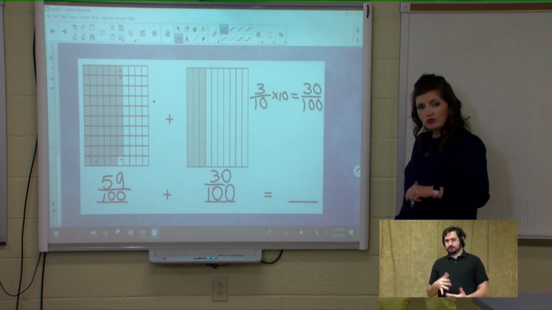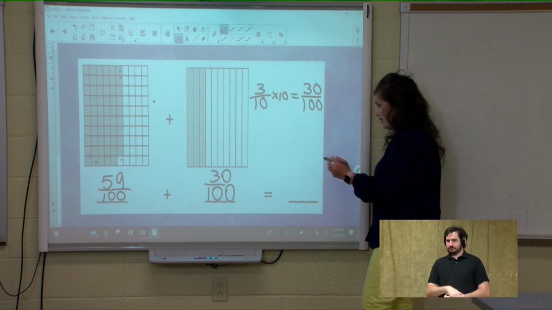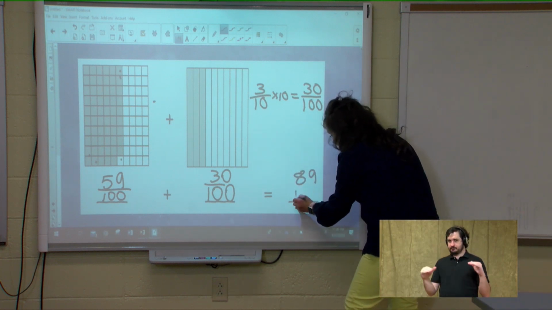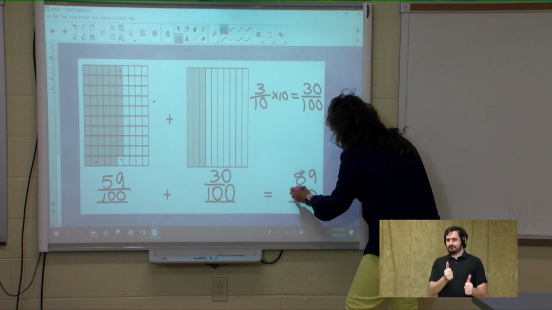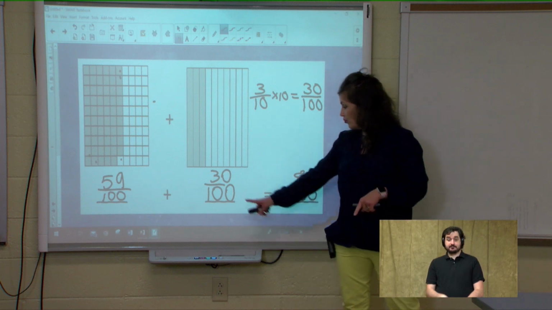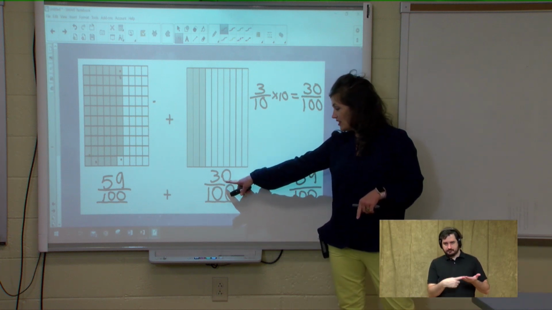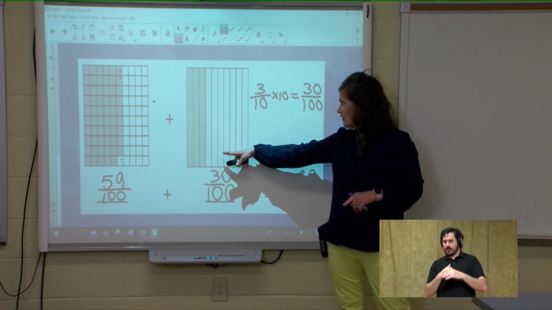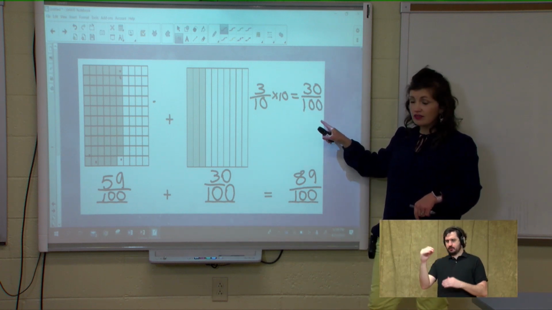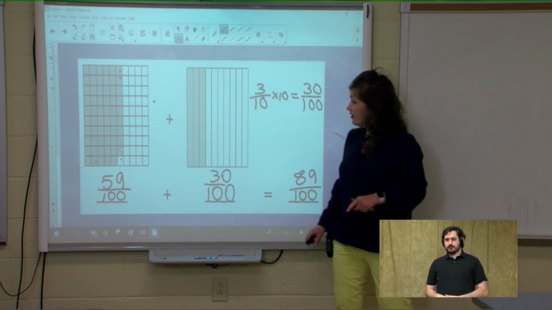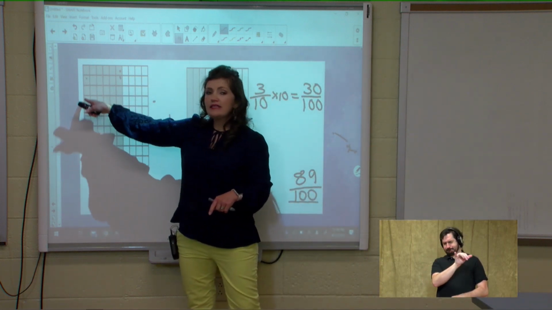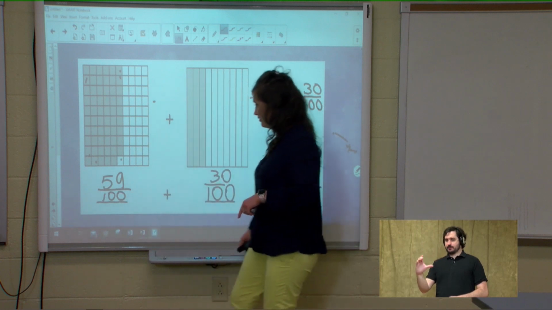And what would that equal, guys? 89 hundredths. Very good. So remember, when I'm talking about equivalent fractions, I know that 3/10 is equivalent to 30 hundredths because I know that 1/10 is the same as 10 hundredths.